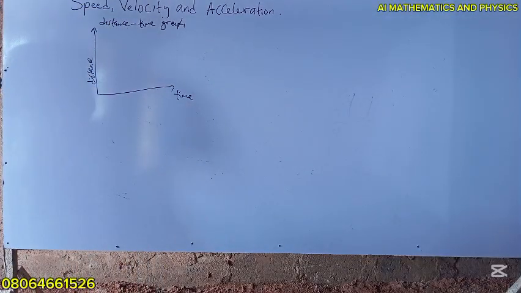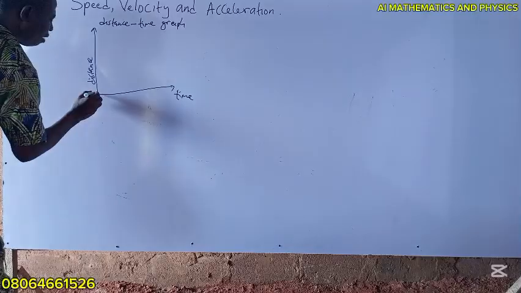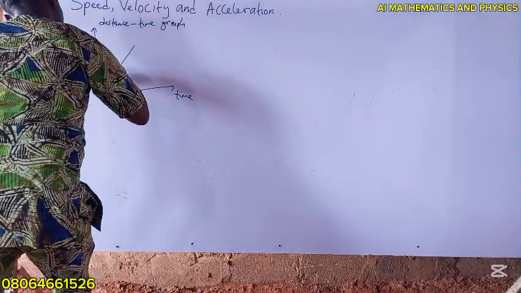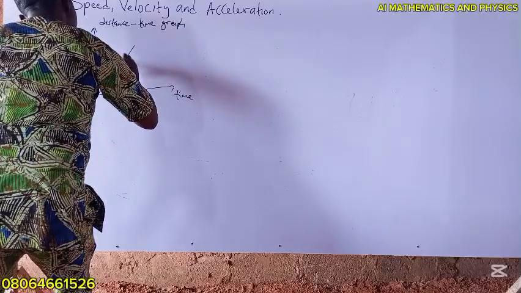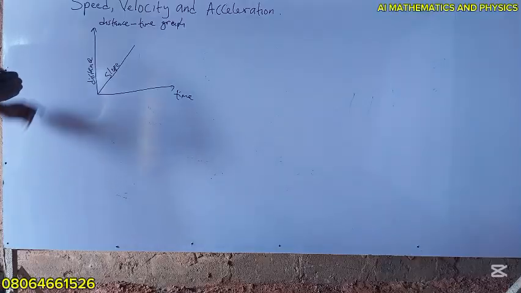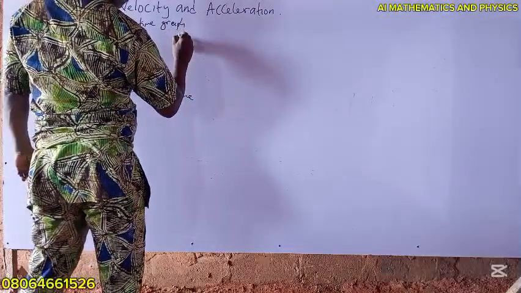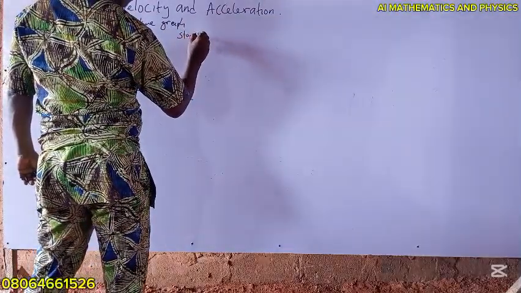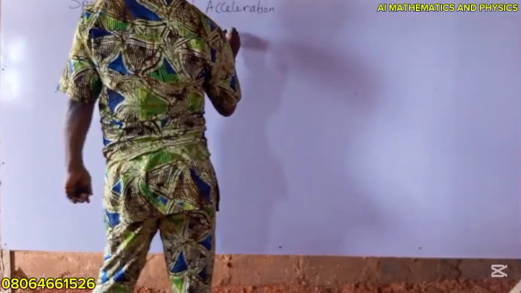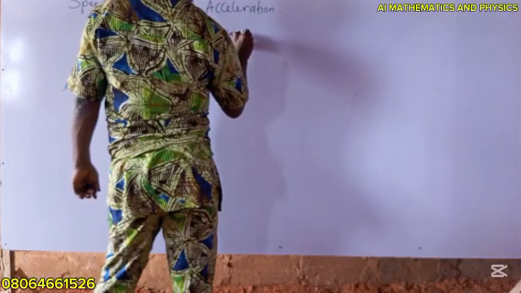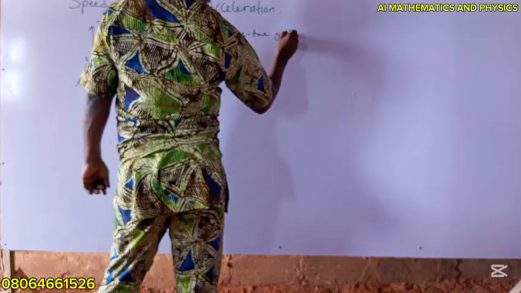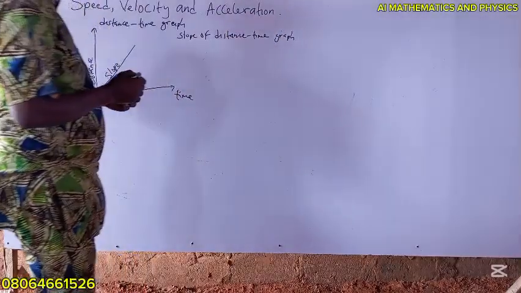When we have that, let's say we have the slope. Slope is also known as gradient. The slope of distance time graph is what?